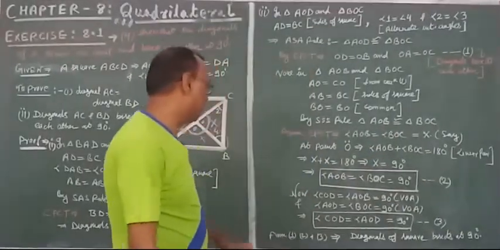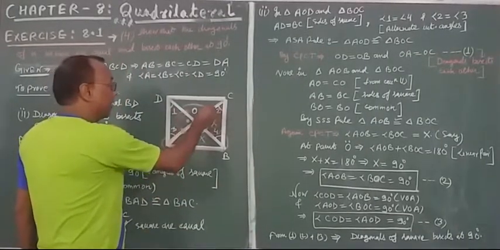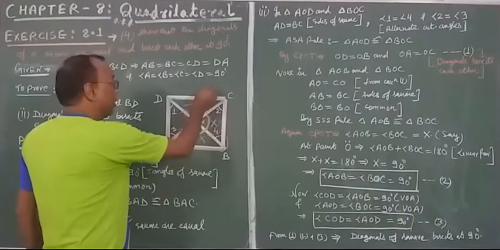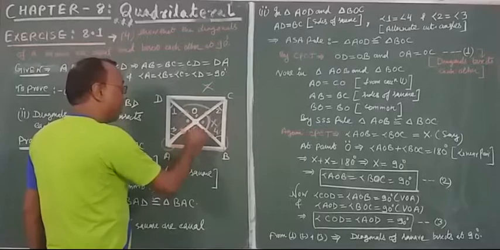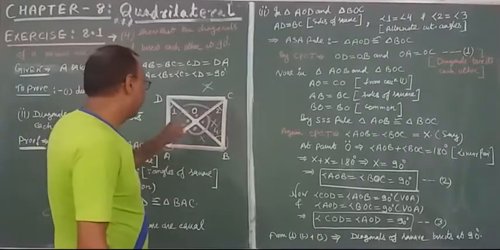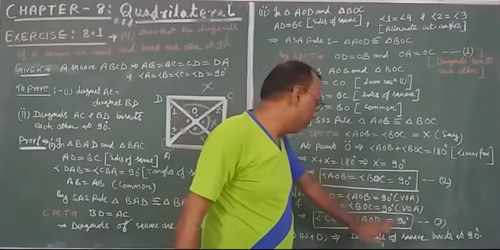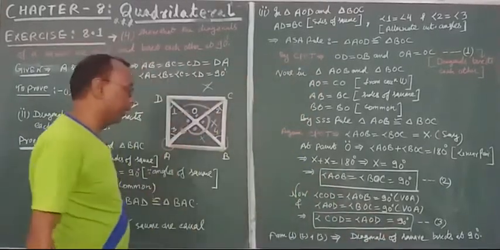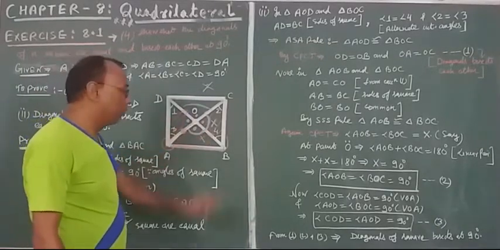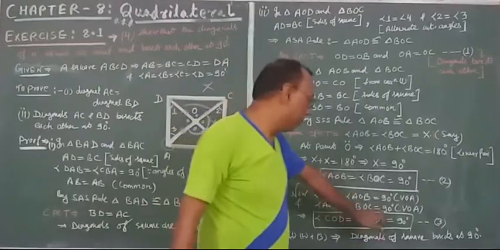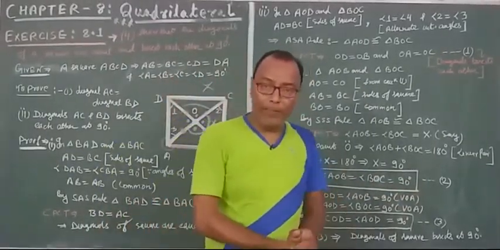Now angle COD will be equal to angle AOB because they are vertically opposite angles. It means angle COD is equal to 90 degrees, and angle AOD will be equal to angle BOC, again 90 degrees, because they are again vertically opposite angles.